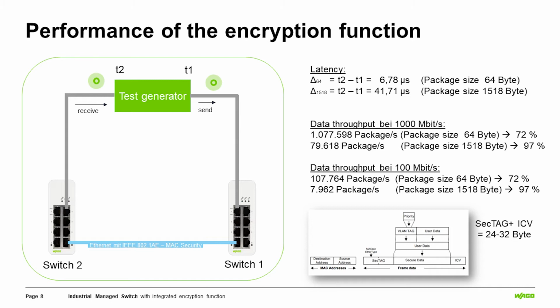We have a powerful hardware-based encryption. If we look at 100 Mbit, we have an encryption with 97 megabits per second for big data packages. If you look at very small data packages, we can transmit 72% of the data throughput.